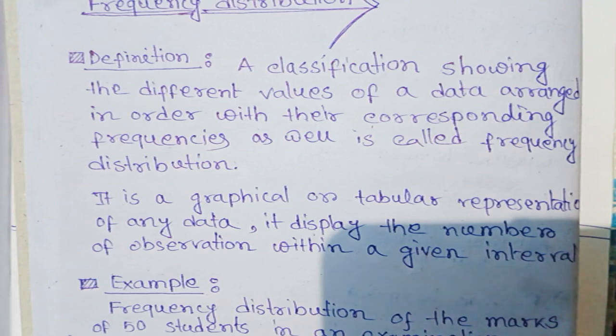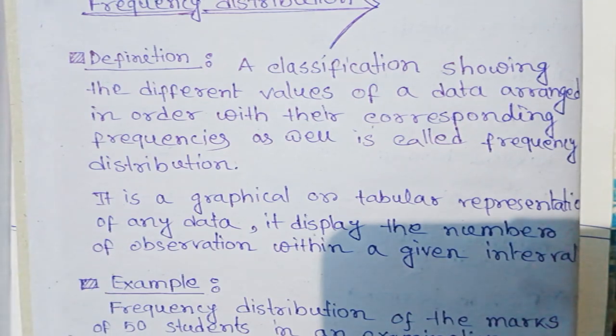So from raw data, after organizing with their corresponding frequencies, for example, if you take the marks, and a particular mark is repeated again and again, suppose in a class there are 50 students, among them 10 students got 40 marks, then the frequency of 40 will be 10. Okay, later we will go for the example.